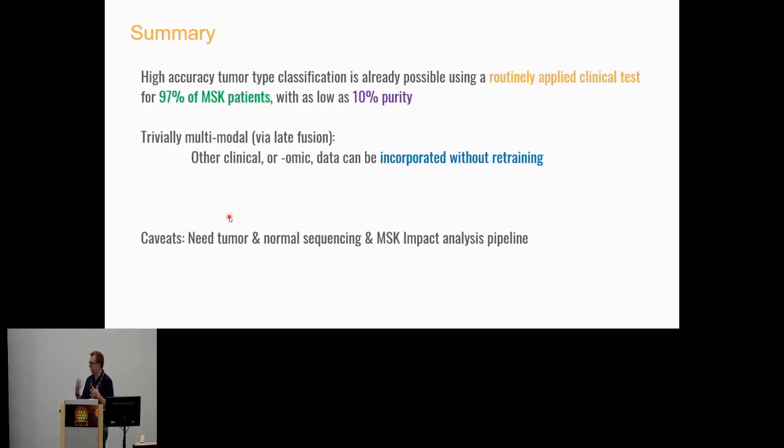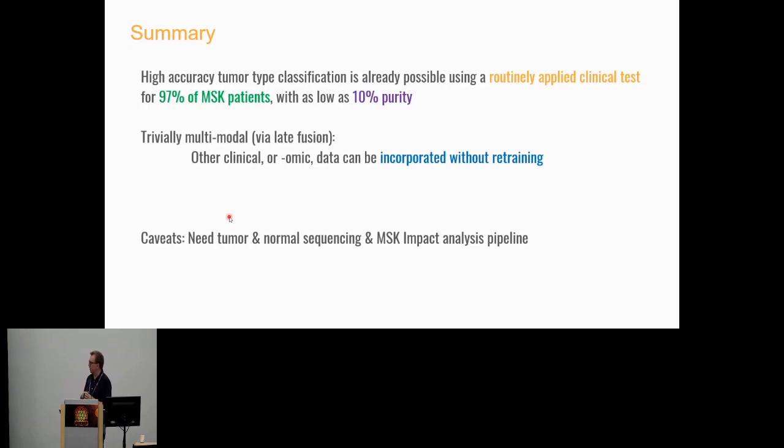The other thing is that this works with cancers with purity as low as 10%. In some sense, it's also trivially multimodal via late fusion, using this adaptable prior mechanism that Madison invented. And it's important because this data can be incorporated without retraining. You can just take this as a module and apply it anywhere you want.